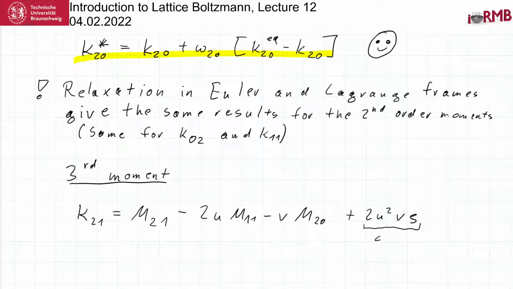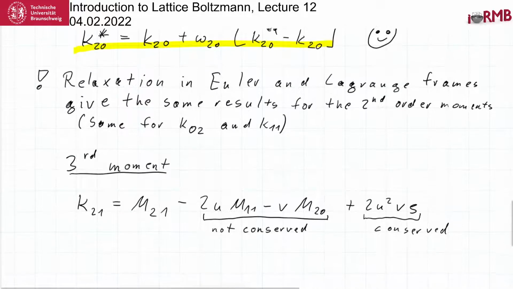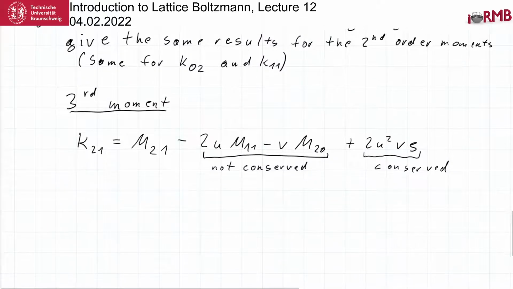And here we also have a conserved part. But in addition to this, we also have a not conserved part. So let us see whether this makes any difference. Yeah, so this requires a bit of writing.